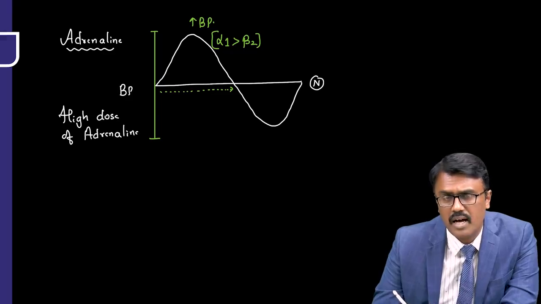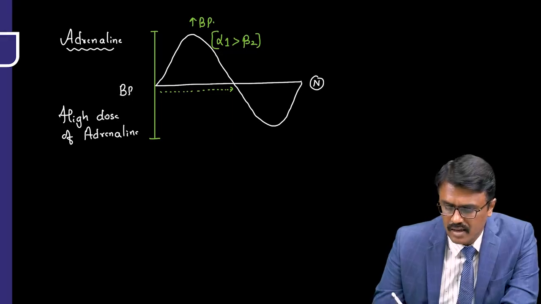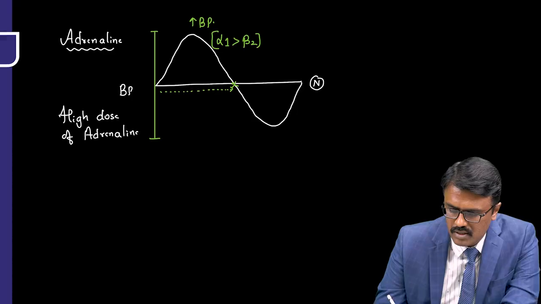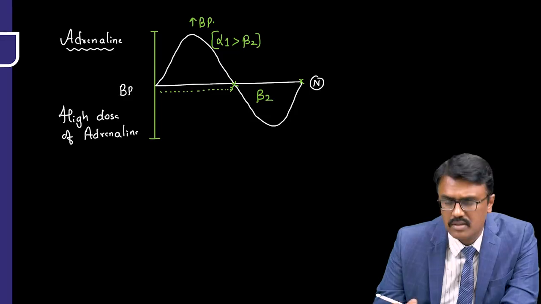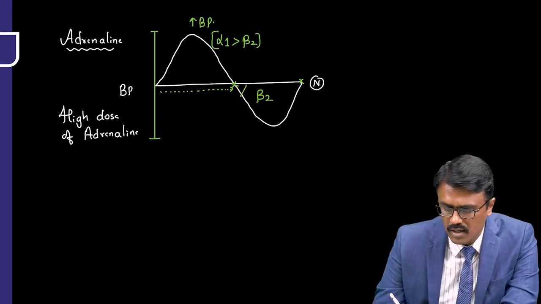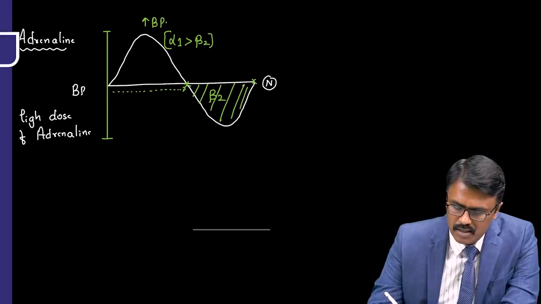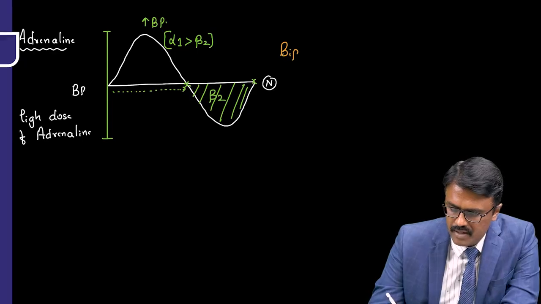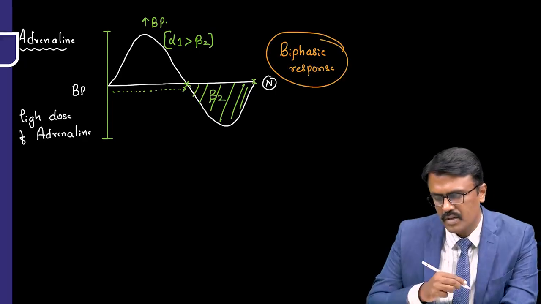Once the level comes down, the alpha 1 cannot be activated. They are less sensitive to adrenaline. And the most sensitive receptors are beta 2. So the beta 2 gets into the action and you will see only the fall in BP. So this response of adrenaline is what we mean by the biphasic response. This is called the biphasic response of adrenaline.